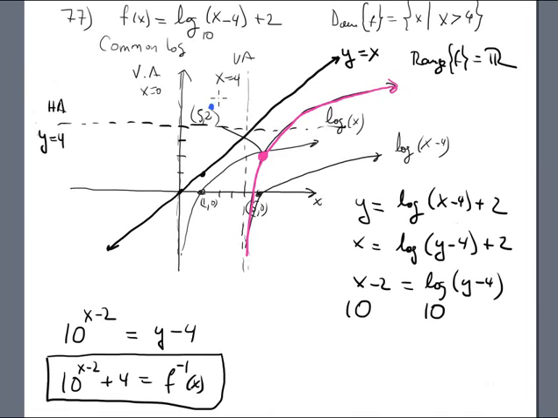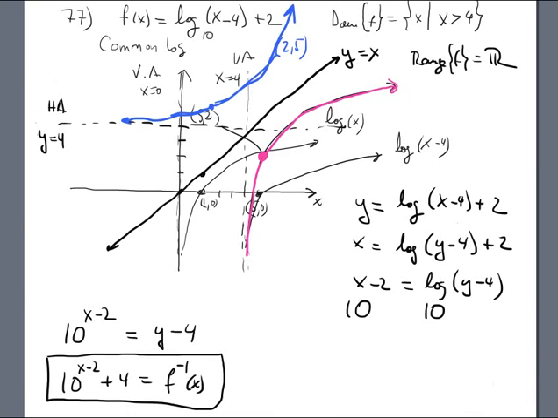This point is the point (2, 5). And I try to do the sketch a little bit symmetric about the line y equals x and include the asymptote. So this looks like that and like that. And this is the horizontal asymptote.